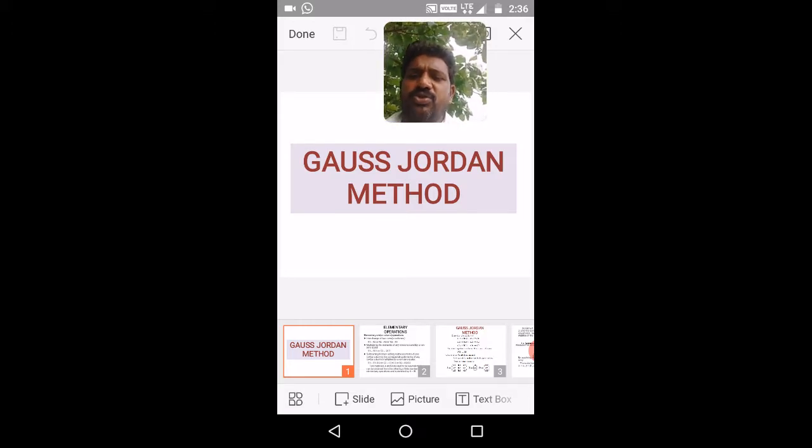Today we are going to discuss this Gauss-Jordan method, which will be used to solve a system of linear equations in 3 variables. Okay, so let us start now.